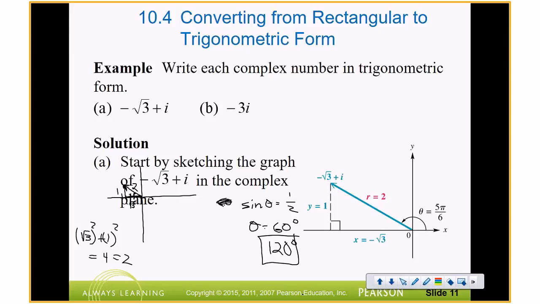Check me. I think it's 128. Pi, 180 over pi. No, it's 30 degrees. I'm sorry. 30 degrees would be 150. This is 150 degrees.